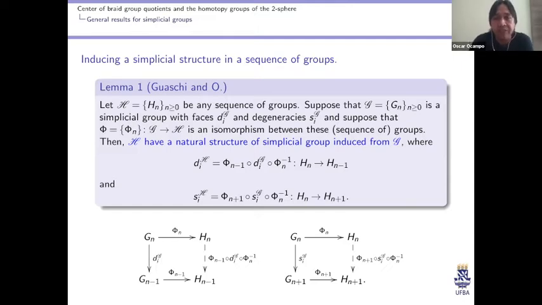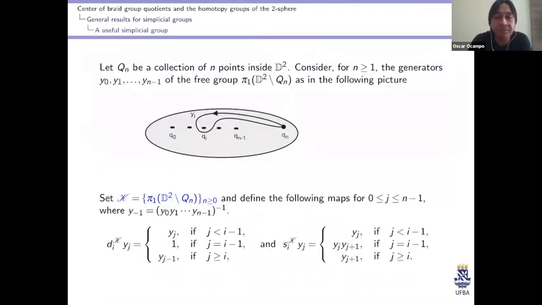Okay. So given that, the idea is to try to identify some classical simplicial groups that are related to the homotopy groups of the sphere, and then identify these classical simplicial groups with sequences of subgroups of the pure braids over surfaces.